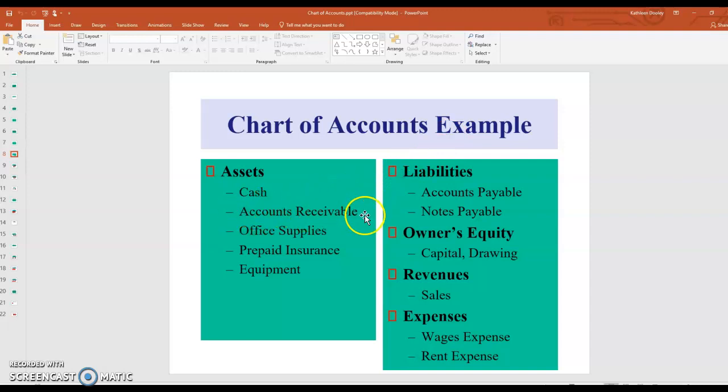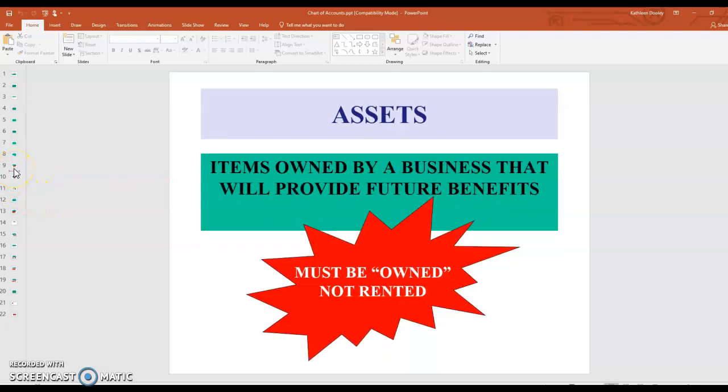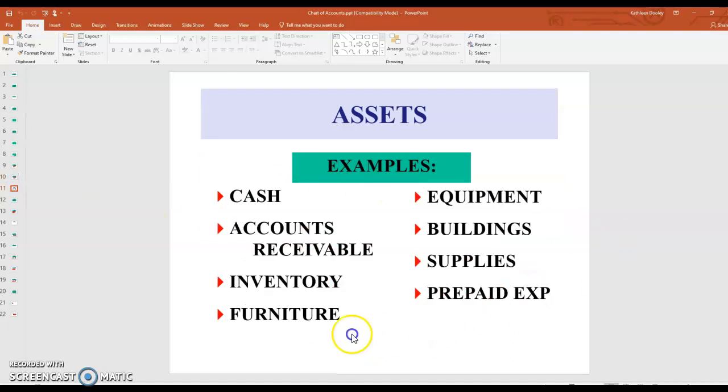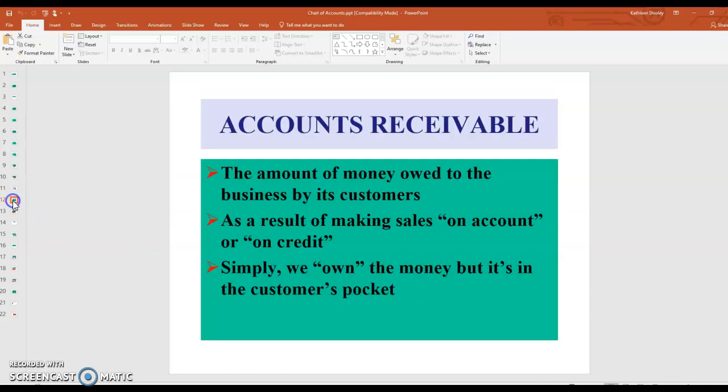Accounts receivable is a typical account that would be on there. It's an asset. The type of account it is, it's an asset. Assets are things that the business owns that will provide future benefit. And we looked at a number of examples of assets, including accounts receivable.